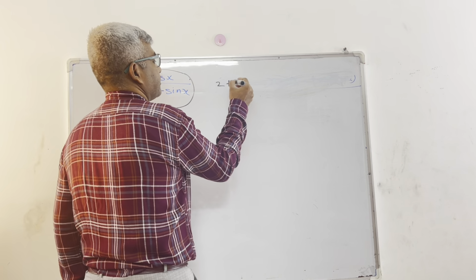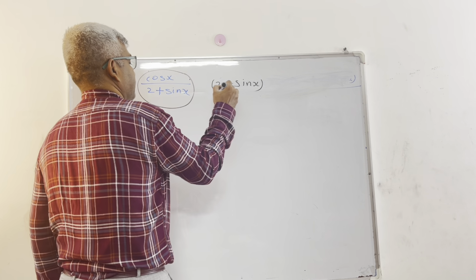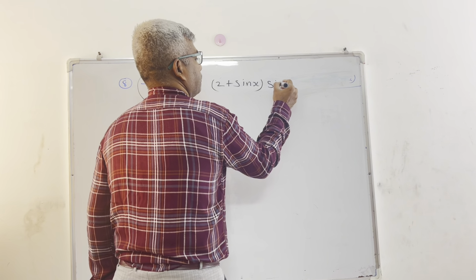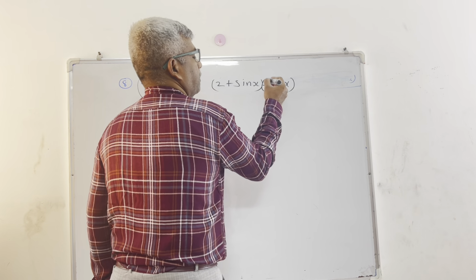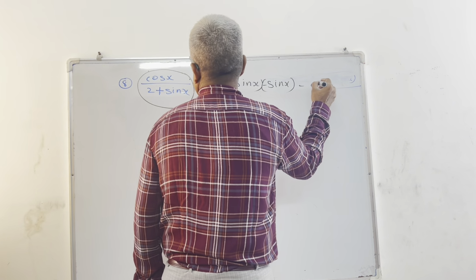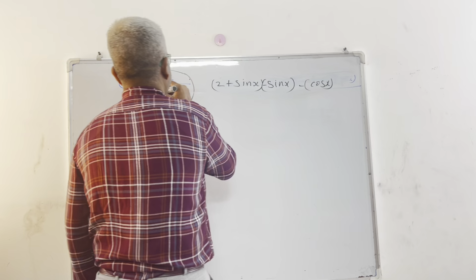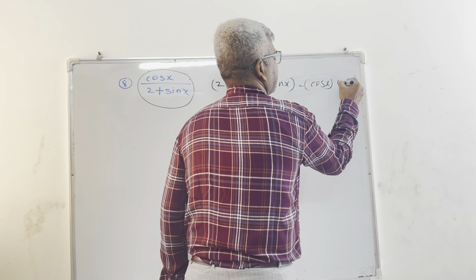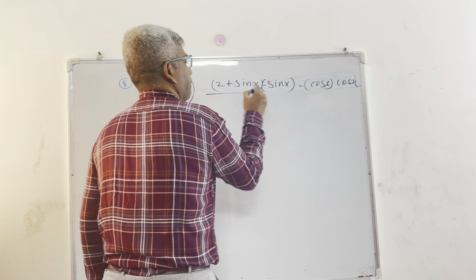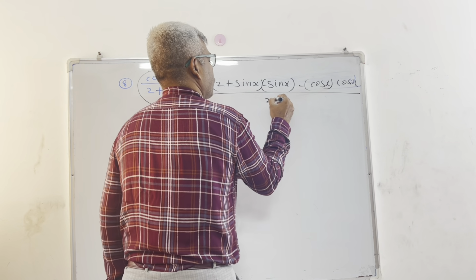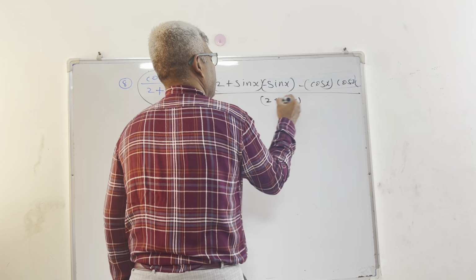First, it is a quotient rule. In the denominator, 2 plus sin x. Cos x, if you differentiate, is minus sin x. Put the bracket, minus cos x. If you differentiate 2 plus sin x, it will be cos x. The denominator is squared, 2 plus sin x whole square.